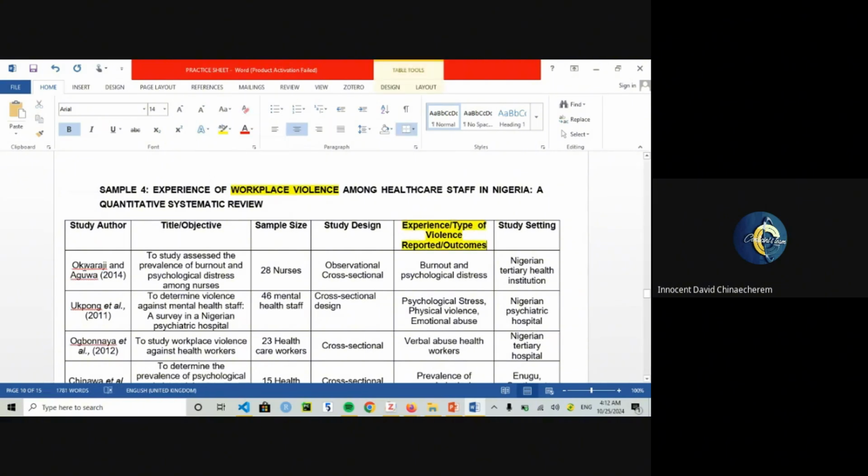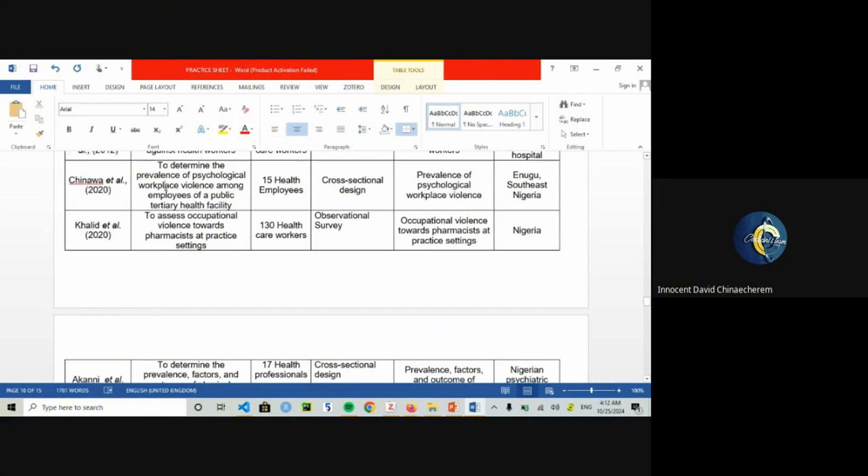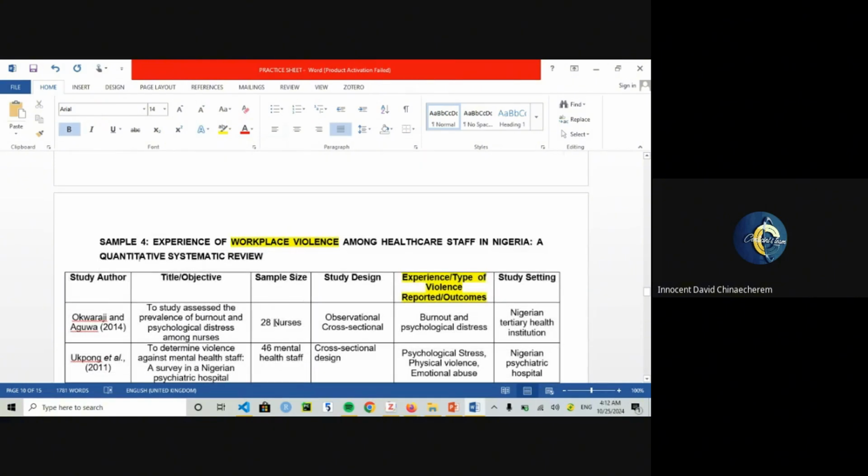Looking at the study by Okwaraji and Agowa in this particular review, the study aimed to assess the prevalence of burnout and psychological distress among nurses. Remember that all these are some of the included studies. In terms of sample size, 28 nurses, observational cross-sectional study, the type of violence or experience was burnout and psychological distress, and it was conducted in a Nigerian healthcare institution.